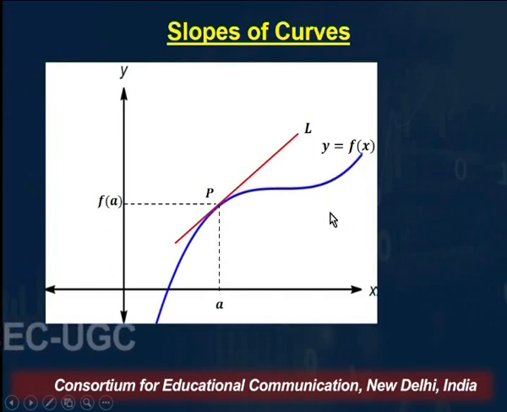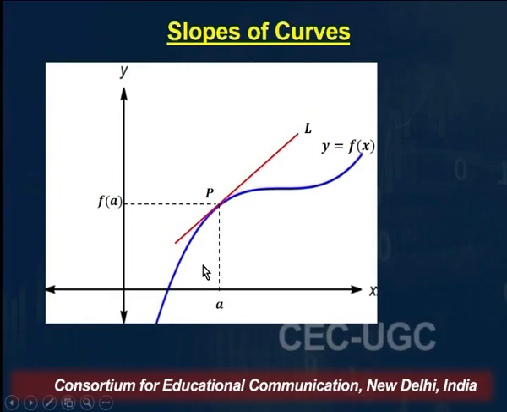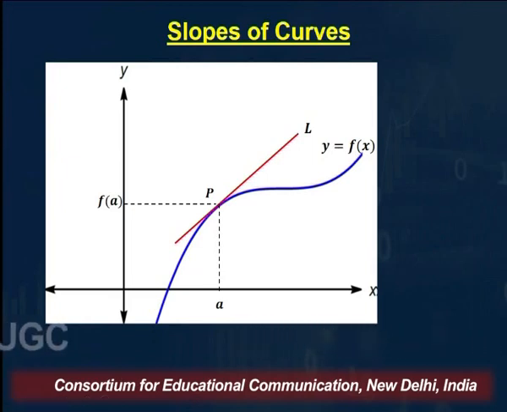So let's conceptualize how we would think of the slope of this curve at any given point. And here we're going to bring in the concept of a tangent. Okay, so what we're going to do is draw a tangent.